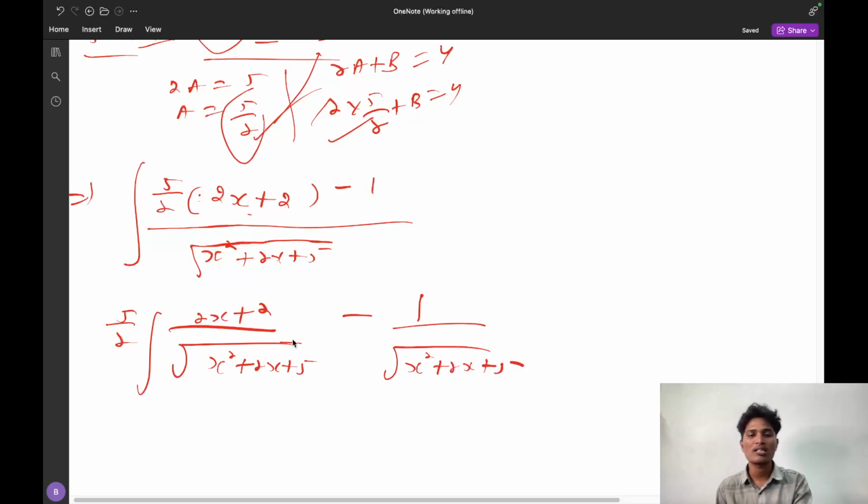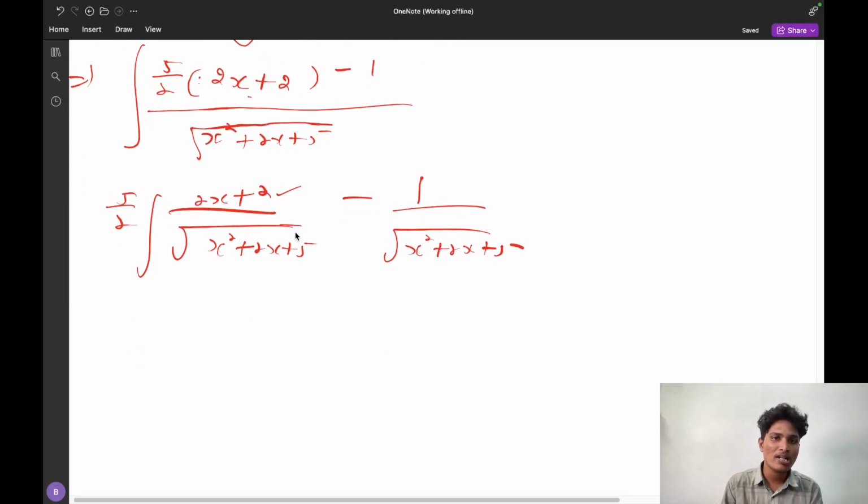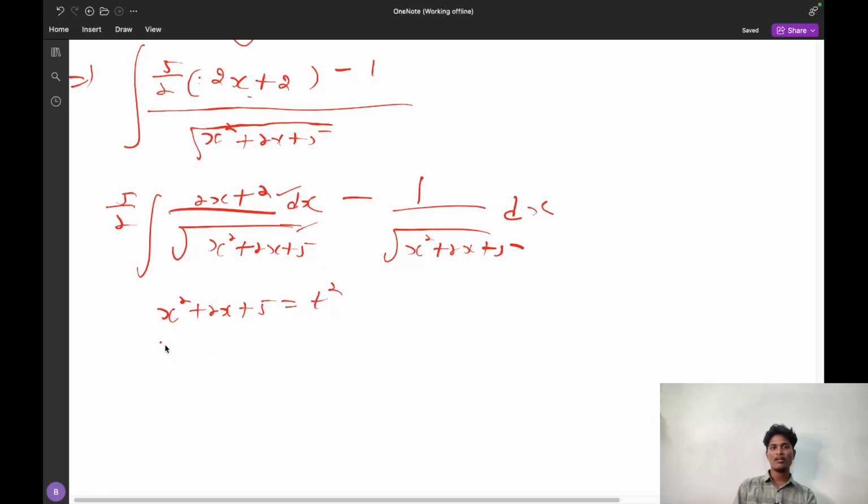These are the separate integrals. What is the first integral? If you observe carefully, the numerator is the differentiation of the denominator's inside expression. So when I substitute x square plus 2x plus 5 is equal to t square, what will I get? 2x plus 2 into dx is equal to 2t dt. So the above integral can be substituted as the integral of 2t dt divided by t, because the entire thing is t square, it will be cancelled.